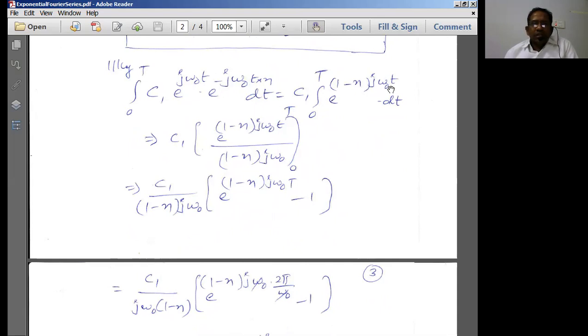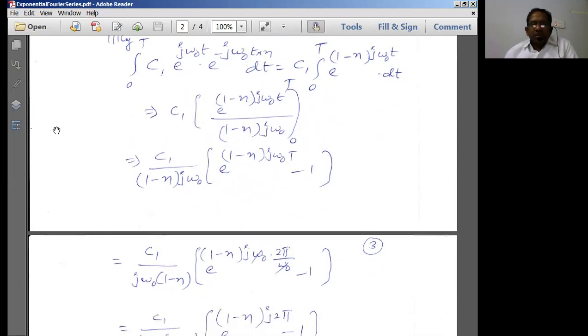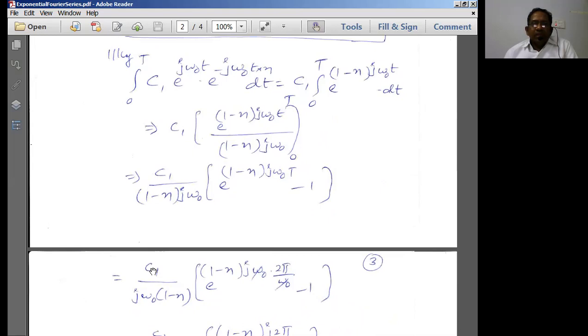If I take j omega naught t as common, I can have 1 minus n here into dt. The same integration formula we use: e power something is going to be e power something divided by that something. Because I'm going with respect to time, on the denominator I'll have 1 minus n j omega naught, over the interval 0 to time period T. So simply substitute the upper limit and lower limit to solve for this.